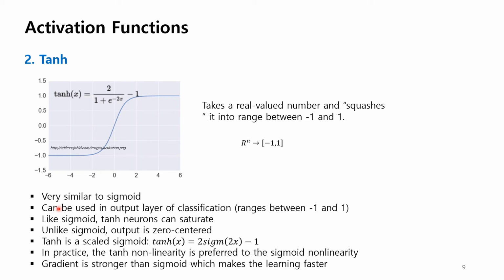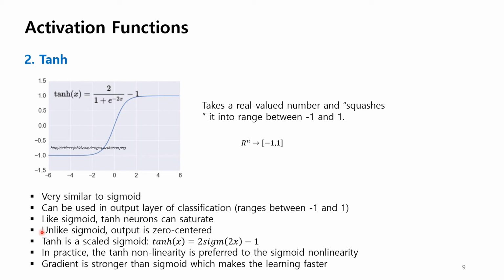Because these two are very similar, hypotangent has very similar characteristics to the sigmoid function. Like sigmoid, hypotangent can saturate. That means the gradient is very small, and it causes the vanishing gradient problem.